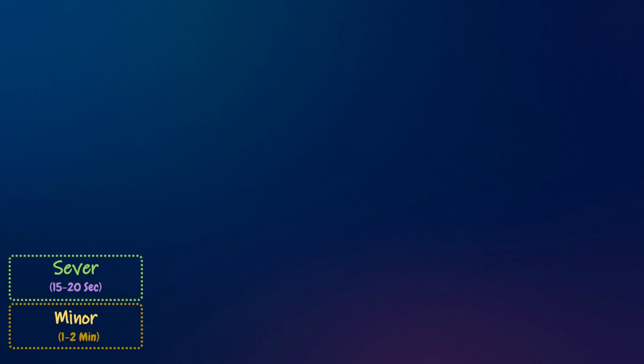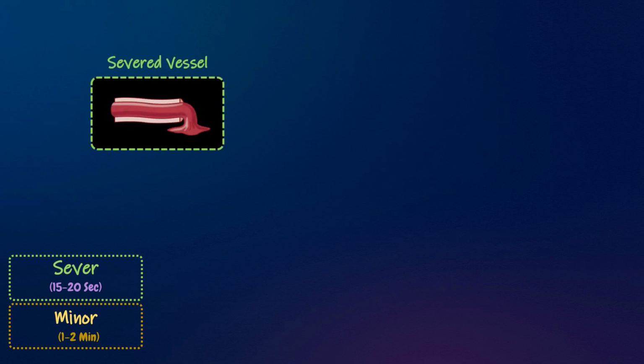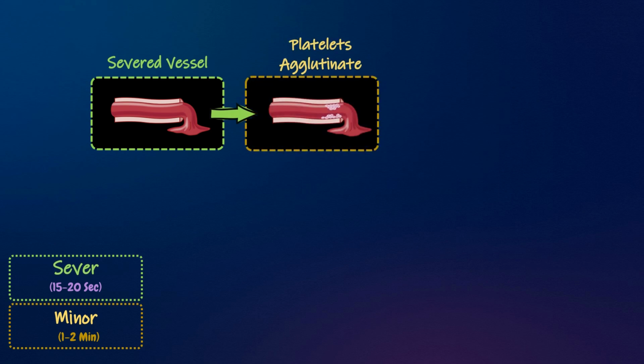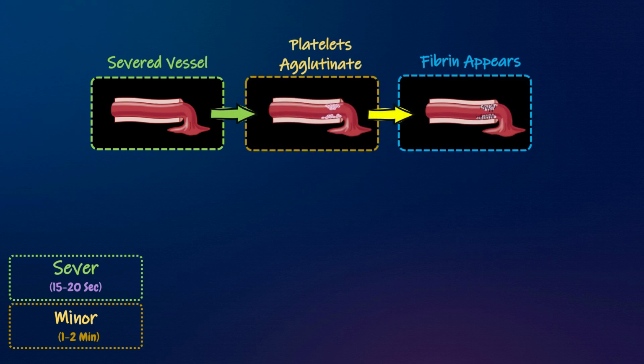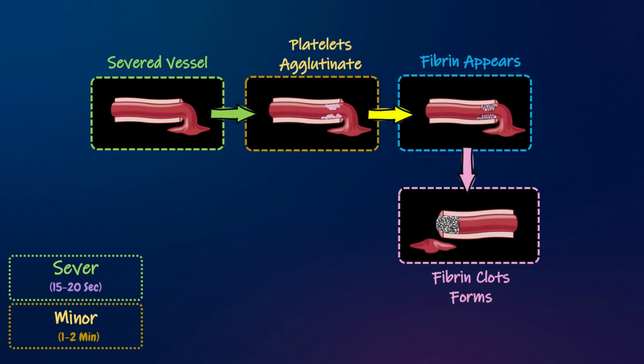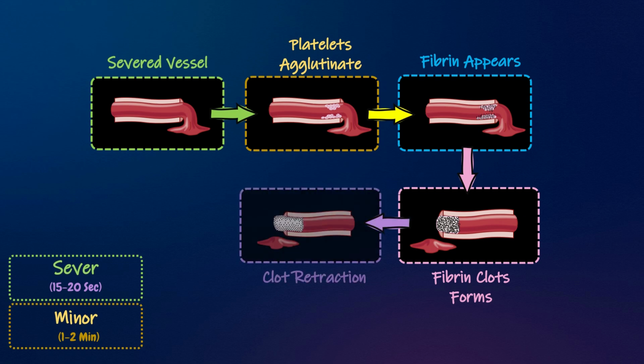The physical events of this process in case of severed injury of a vessel are platelet aggregation, fibrin appearance, then fibrin clot forms, and then clot retraction. Within 3 to 6 minutes after rupture of a vessel, the entire opening or broken end of the vessel is filled with clot.